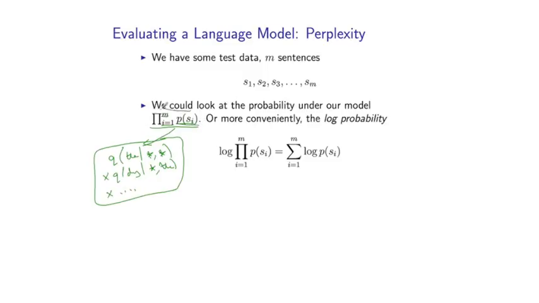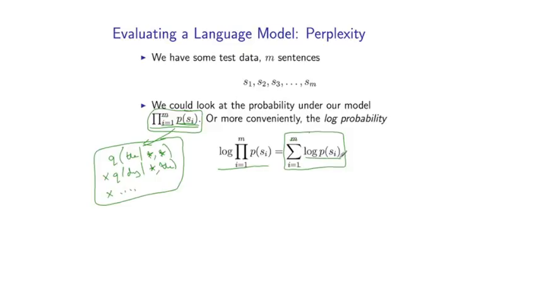You can think of this value as being a measure of how well the language model predicts these test data sentences. It's actually slightly more convenient to, instead of looking at this product, look at the log of this product. So if I take the log, by the usual rules of logs of products, I end up with a sum from i equals 1 to m of the log probability under the language model of sentence s_i.